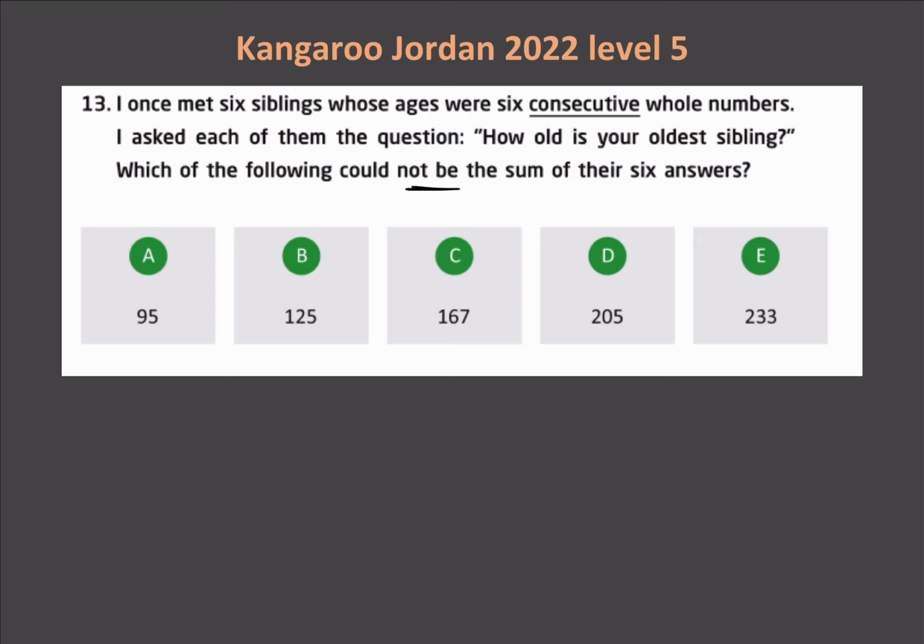Now, we know that all of them have different ages, because they are consecutive whole numbers and they are next to each other.